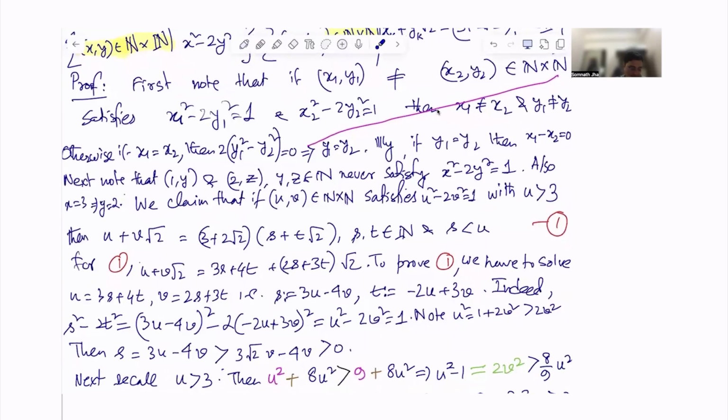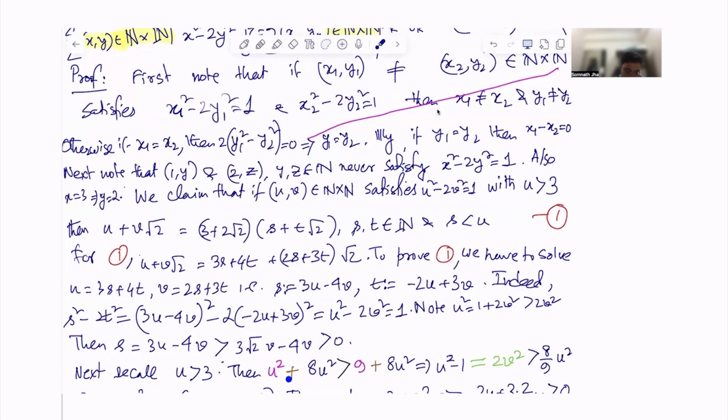And recall this was the assumption that u is greater than 3. So u is greater than 3, so u square is greater than 9, and u square plus 8u square is greater than 9 plus 8u square.